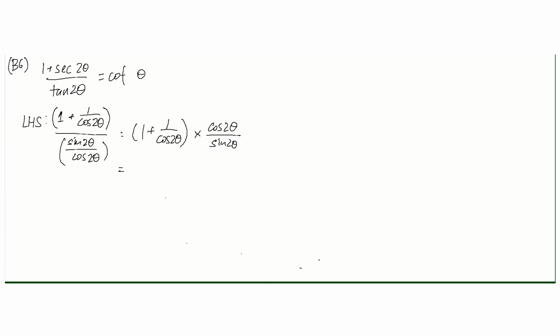Okay, so once you simplify, this is what we should get: cosine 2 theta over sine 2 theta plus 1 over sine 2 theta. And notice that we actually have a common denominator here. So what I can do is I can just combine them.